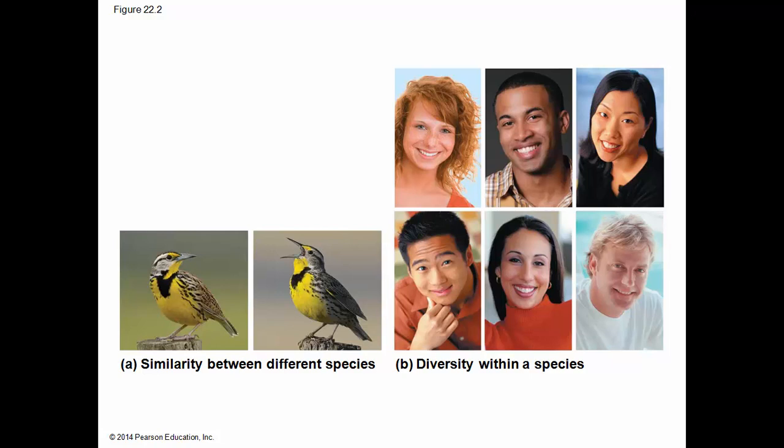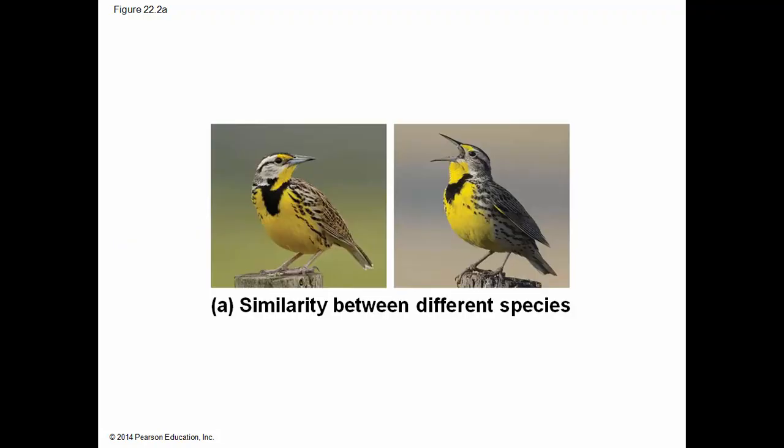And diversity within a species, it's easy to use human beings as an example of this. We're all the genus Homo, species sapiens, and there's much different genetic and phenotypic diversity in between all individuals or populations of Homo sapiens.